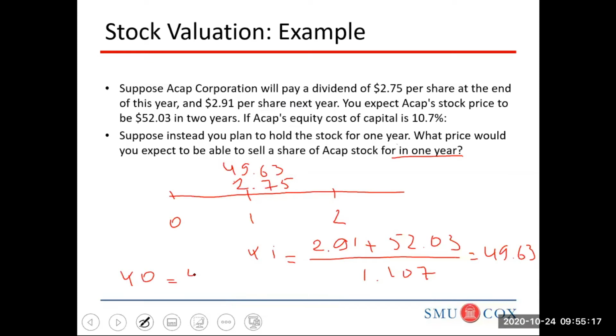Yeah, should be getting exactly the same thing. That's if you just discount the sum of 49 and 2.75 by another 1 period. Good. Any questions? I think we're going very fast, actually.